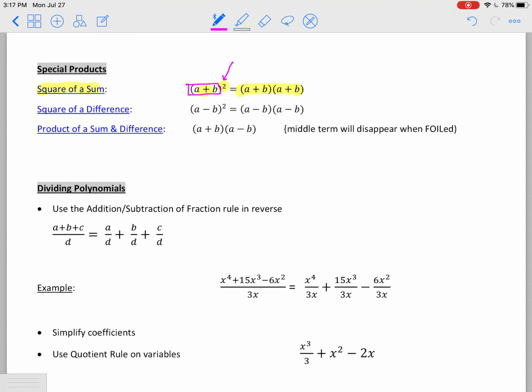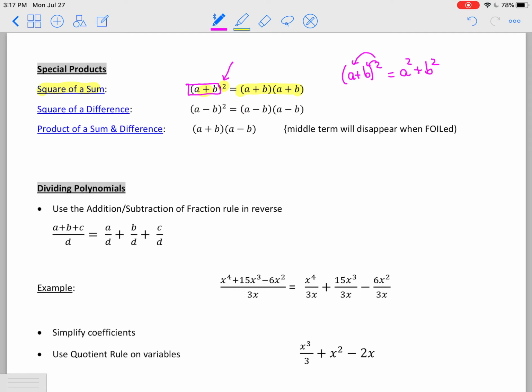So remember that the exponent always tells us how many times to multiply the base by itself. So that's why we have a plus b times a plus b. A very common mistake is for students to look at this, even when we've talked about it and they know, sometimes you're on a test or a benchmark and you kind of start to panic a little, and what they do is they would say that is a squared plus b squared, right?